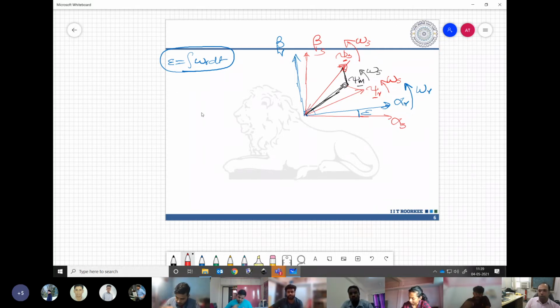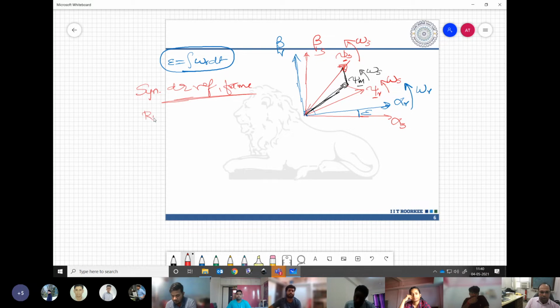Now, what we do, we say that we are going to have a DQ reference frame, which is synchronously rotating. So a synchronous DQ reference frame, but where is it located? From our PMSM experience, we have seen that if this DQ is along the rotor flux, then our equations are very much simplified.